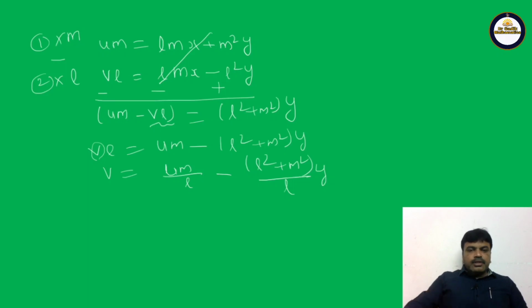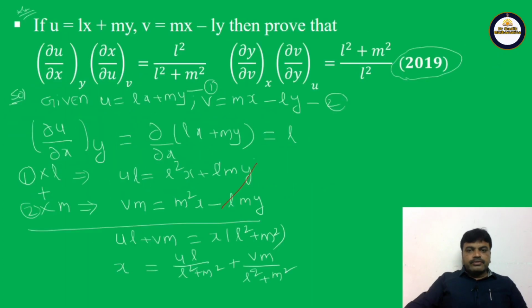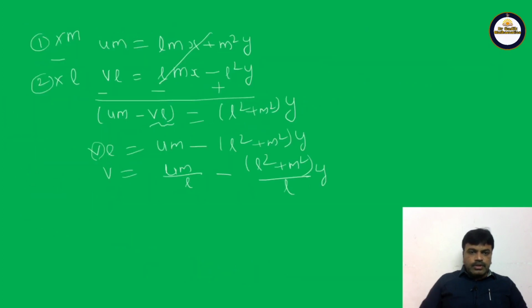Now we find the value of ∂v/∂y at u. That means the derivative of v with respect to y, treating u as constant.